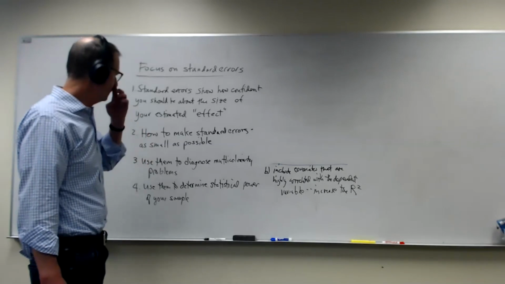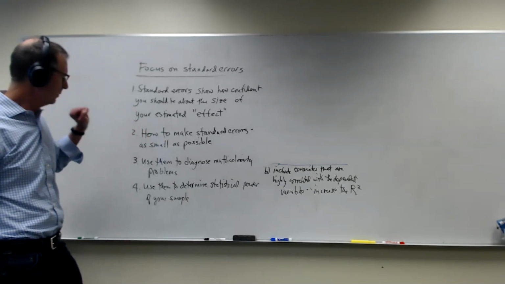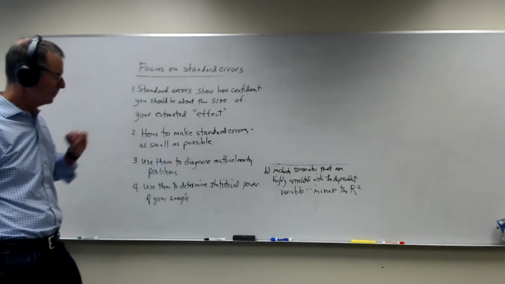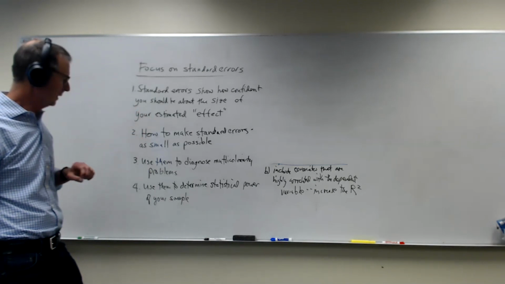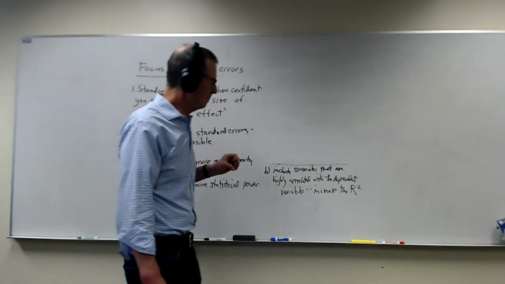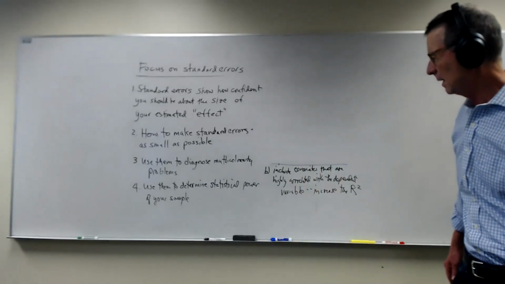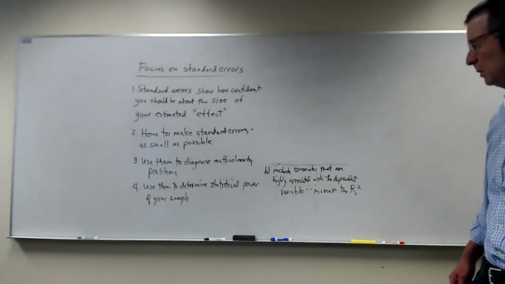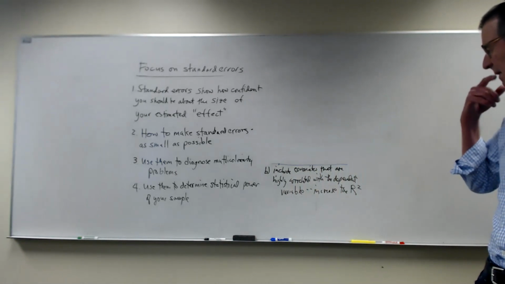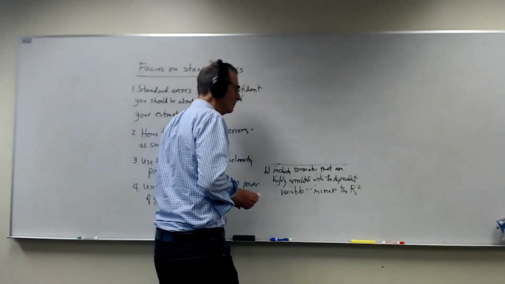Okay, so that takes care of making standard errors as small as possible by making the sample as big as possible. As a practical matter, the strategy that you're more likely to be able to draw upon is to try to reduce residual variance and decrease standard errors that way.